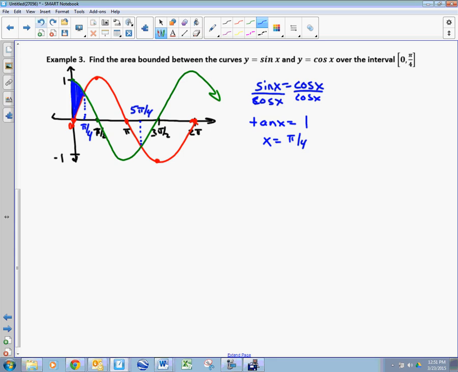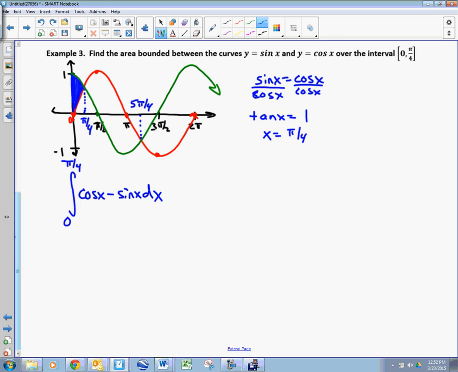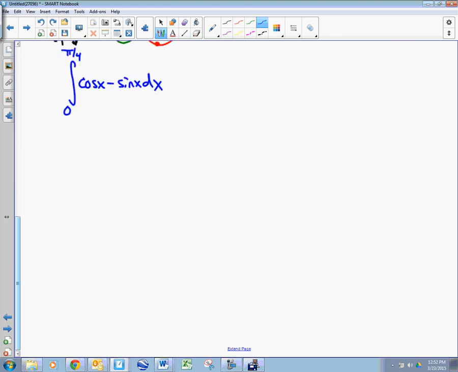So I set up my integral. The integral from 0 to pi over 4 of, what's the top function? Cosine of x minus, what's the bottom function? Sine of x dx. The tricky part about this problem for a lot of people is taking care of your positives and negatives appropriately.